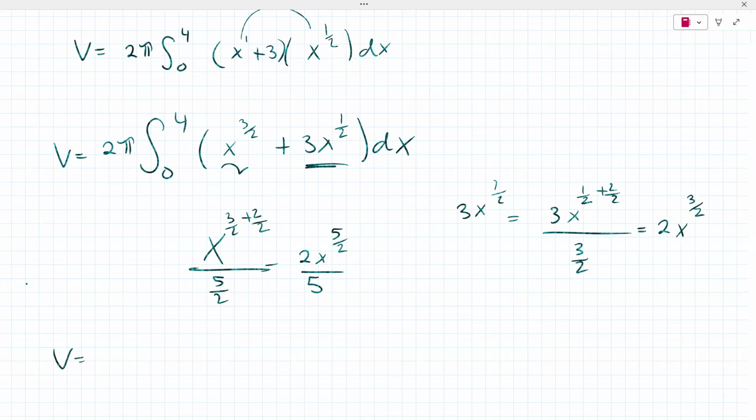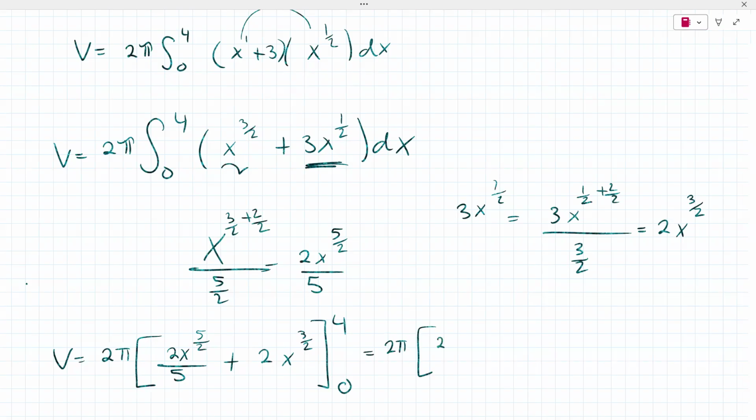So volume equals 2 pi times the integral of x to the 3/2, which is 2x to the 5/2 over 5, plus the integral of 3x to the 1/2, which simplifies to 2x to the 3/2. Then we do the upper and the lower. That's going to be 2 pi, and apply the upper, where you see an exponent, 4.